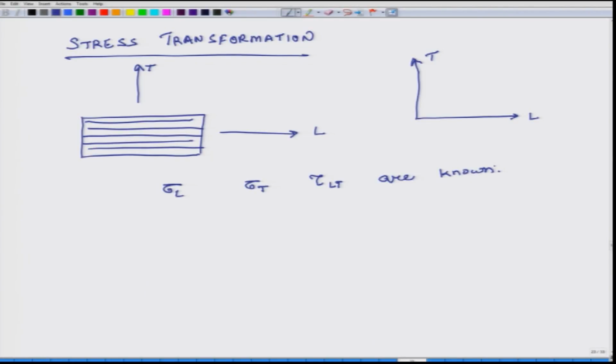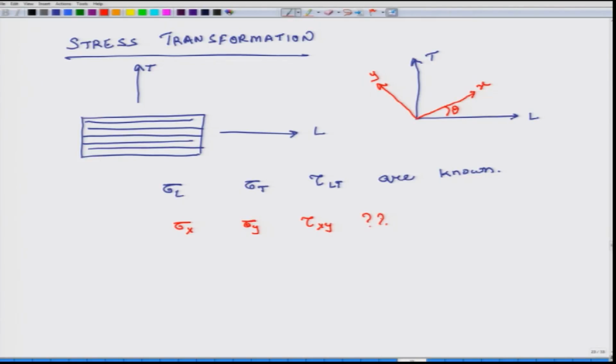Suppose I know these values for whatever reason, then if I rotate my coordinate system to an xy coordinate system like this, so this is my x and this is my y, and I have rotated basically by an angle theta in the counterclockwise direction, then can I calculate sigma x, sigma y and tau xy?